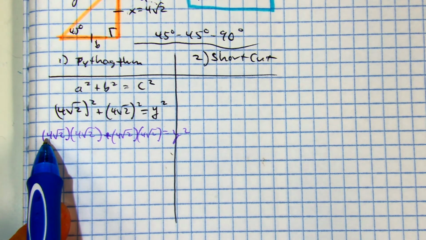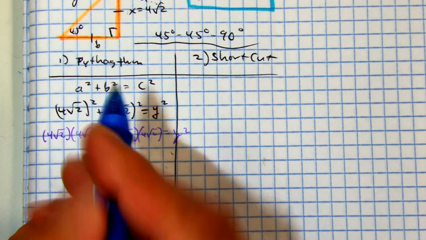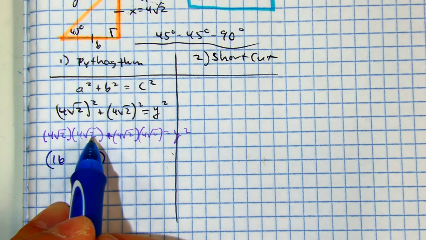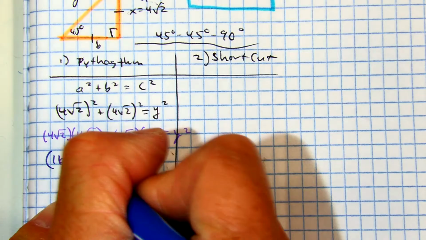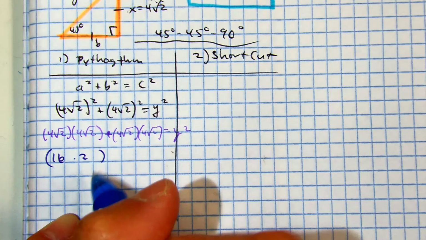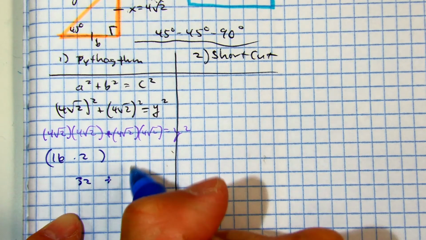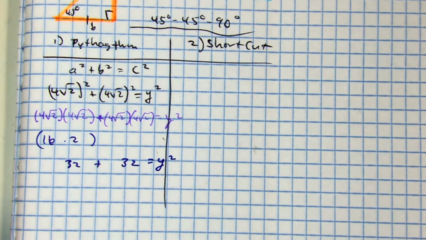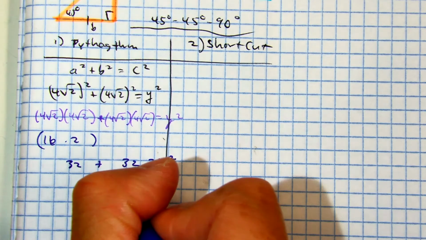So class, 4 times 4 is 16. And the square root of 2 times square root of 2 is square root of 4, and square root of 4 is 2. So that just becomes what? 32. So I'm going to get 32 plus 32 equals y squared, and that is 64.